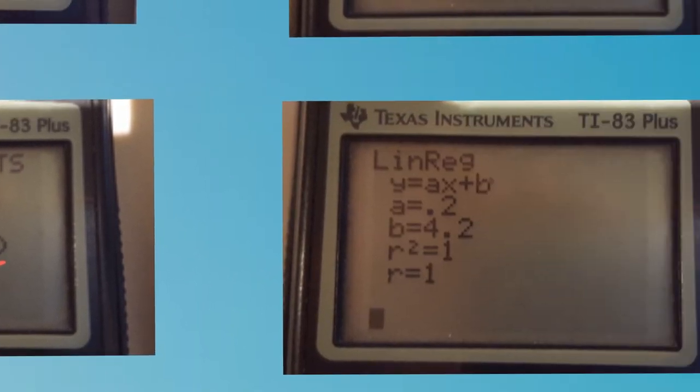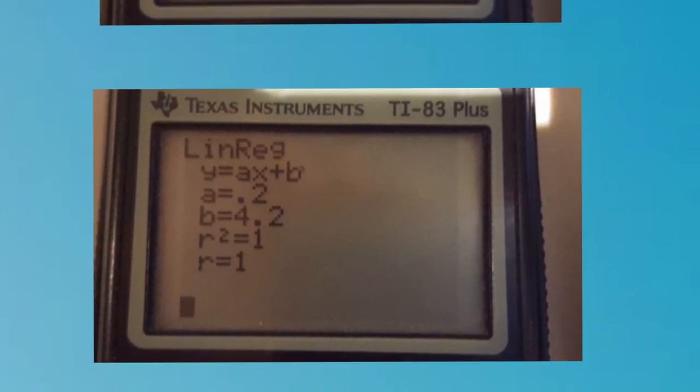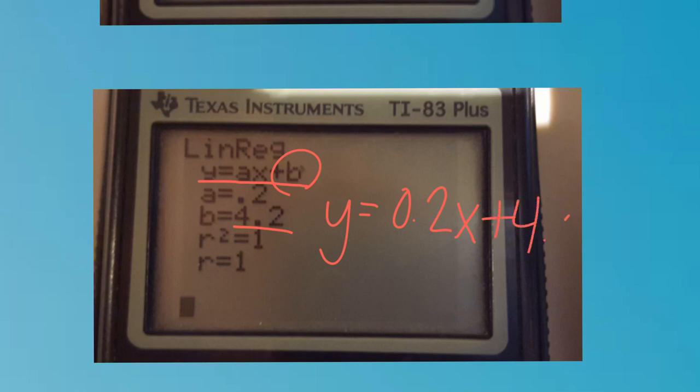If you press enter on that, this is the information given to us. We can see that in the format y equals ax plus b, our a value is 0.2. So our equation is going to be y equals 0.2 times x plus b, which is 4.2. So essentially, the calculator has given us the second equation here.